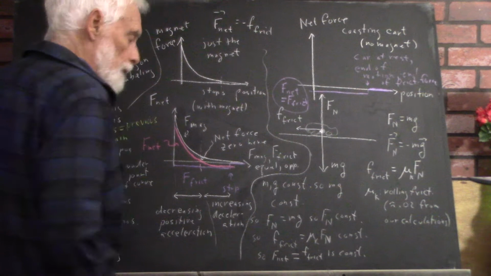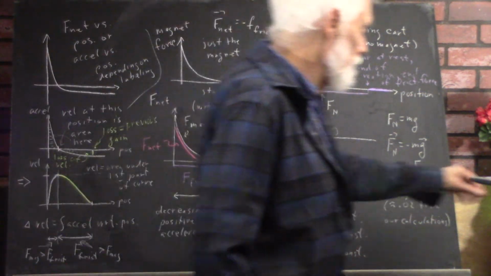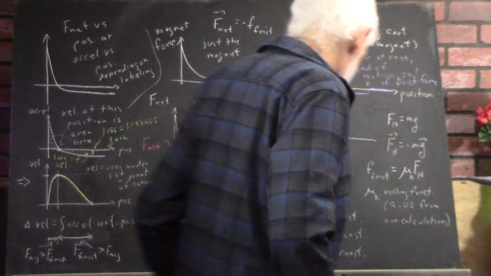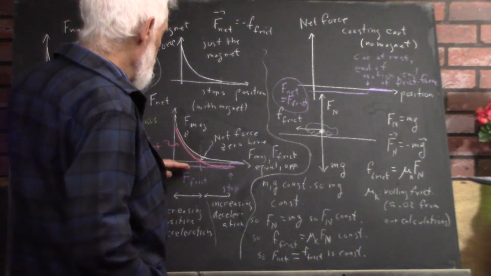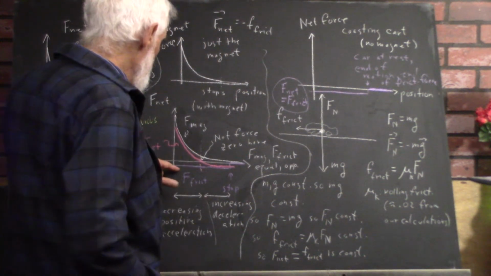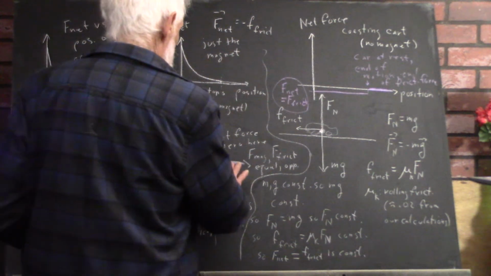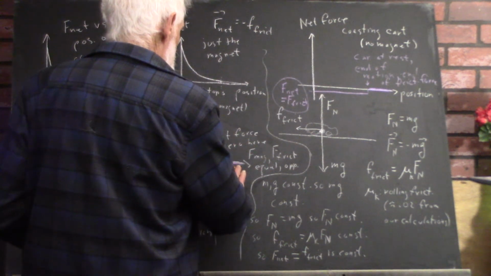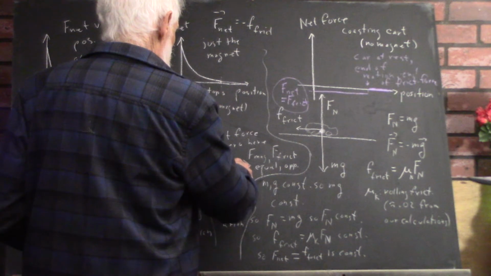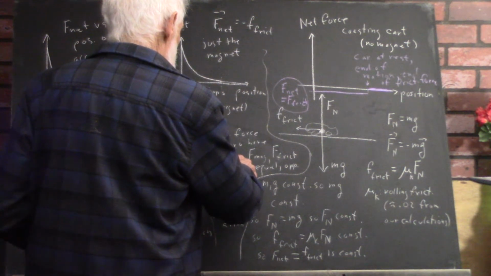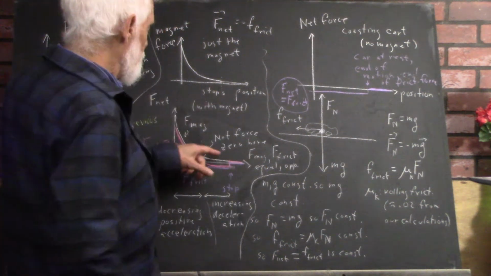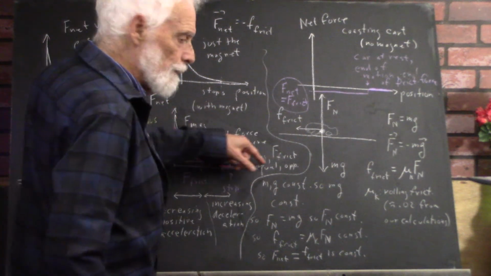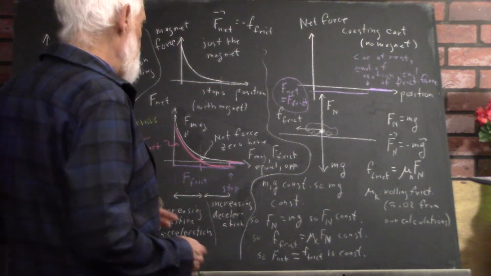And actually, I was a little careless at the end here. The net force becomes asymptotic to this non-zero frictional force. When that non-zero frictional force ceases, the frictional force goes back up and joins, the frictional force becomes zero, and the net force goes back up and joins the magnet force curve.